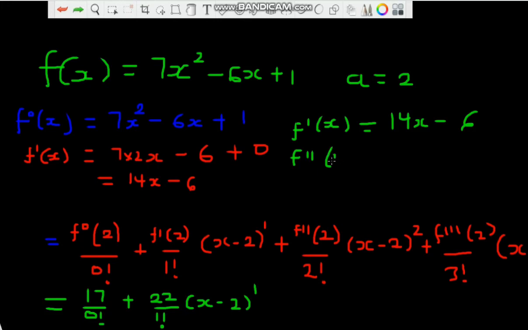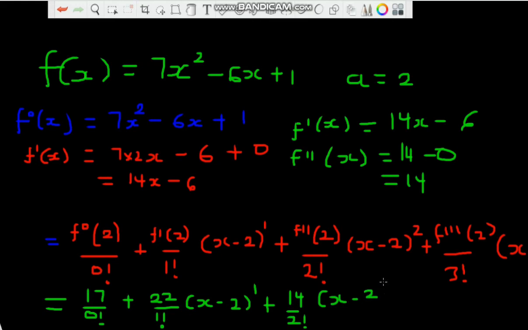The derivative of 14x is 14, and the derivative of minus 6 is 0. So then you have 14. I can put my 14 in place of what I have here. So that will be plus 14 over 2 factorial, multiplied by x minus 2 to the power 2. Okay, so this is what I have now.